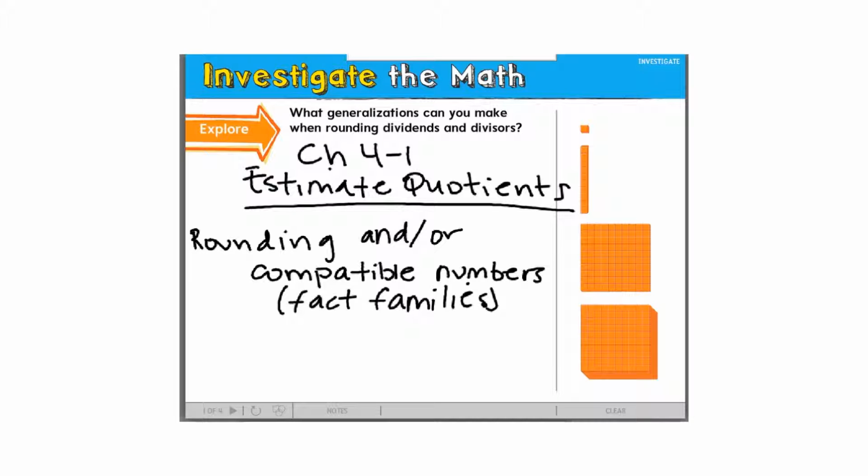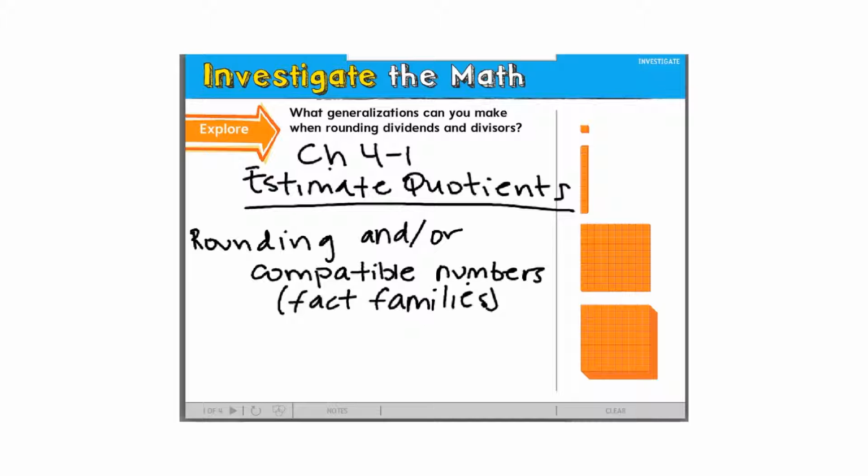So fact families is what we talked about when we talked about compatible numbers. And I'm not writing a definition in here because we've already learned about it and it's already in your notes in a different chapter. So sometimes you can round the numbers, so you're going to round up or down. Sometimes you can use compatible numbers, meaning we're using numbers that we can divide easily in our heads, which, as Nolan told us earlier, are numbers that end in 0 because those are numbers that we can easily remember.